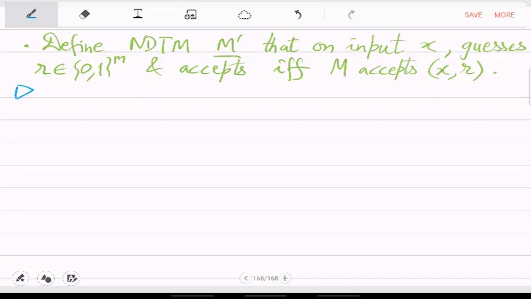Now M prime will not choose R, but it will just guess R. It remains an NDTM though.